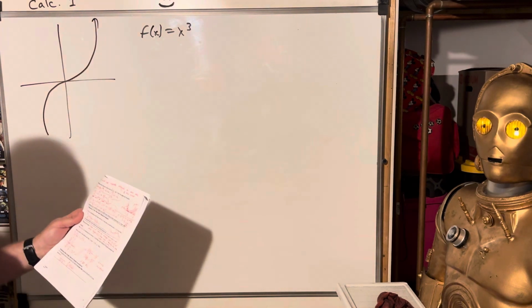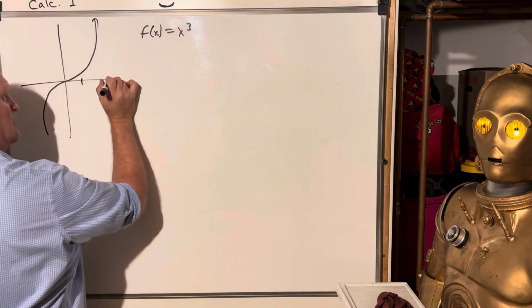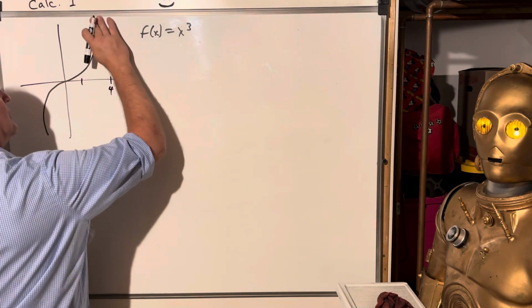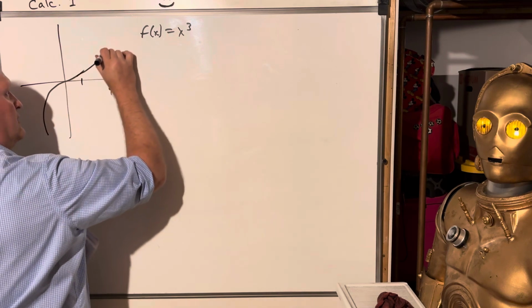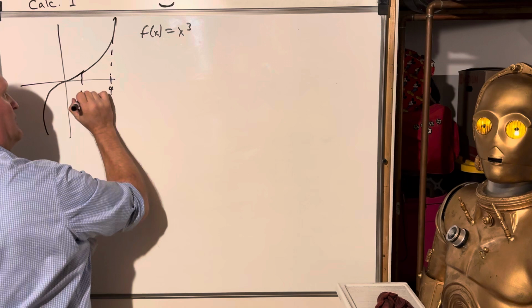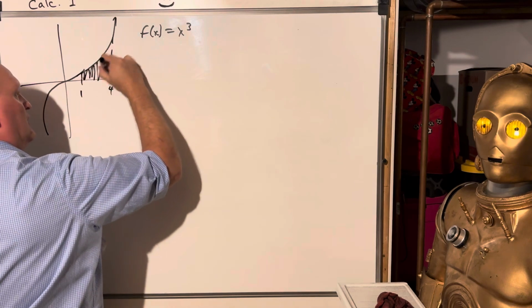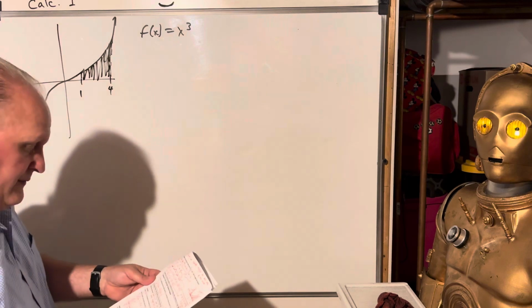And we're looking at the area from 1 to 4. I'm going to stretch this out a little bit, just so it fits. So you get the general idea of what that looks like, 1 to 4.